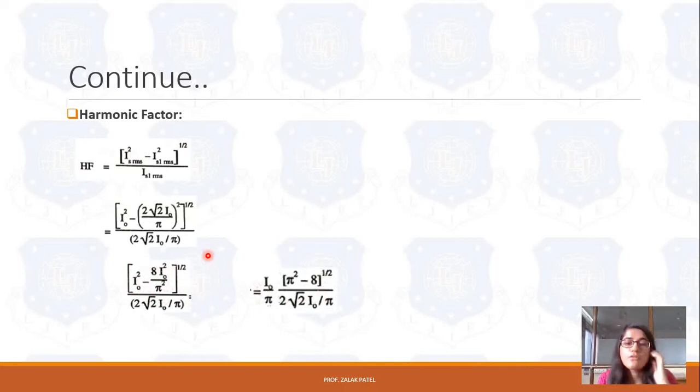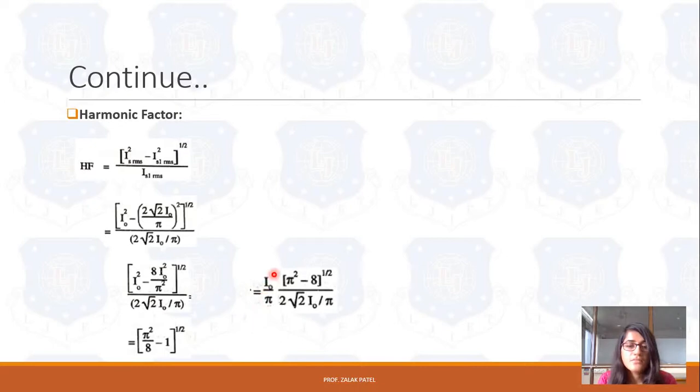So I0 square root means originally it is I0. So I0 into pi square minus 8 raised to 1 by 2. Here we take LCM of this pi square, so it will be multiplied with it. So pi square minus 8 raised to 1 by 2 upon 2 root 2 I0 pi.